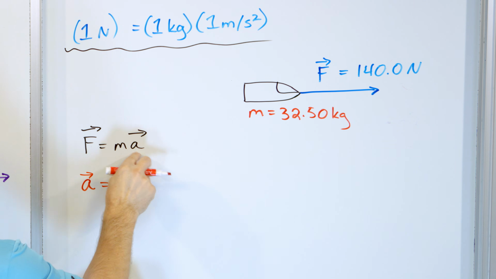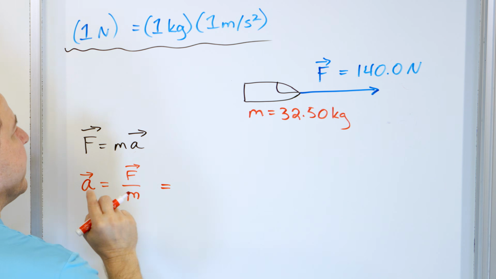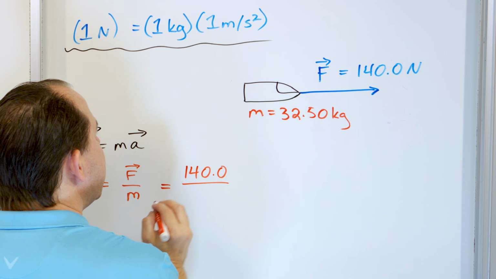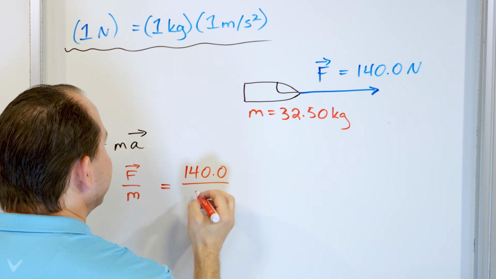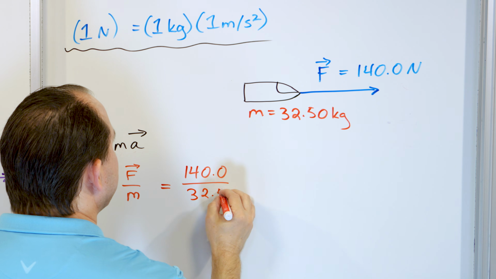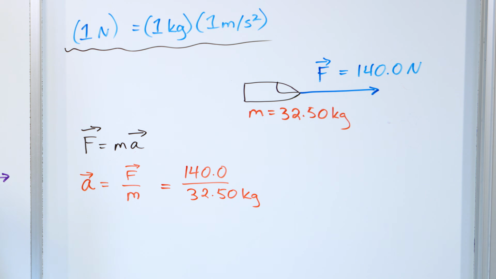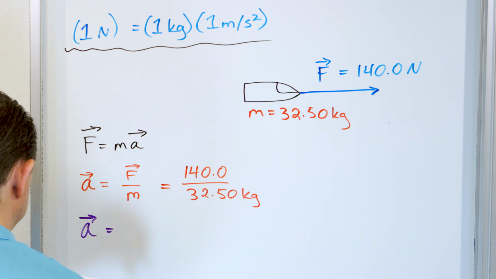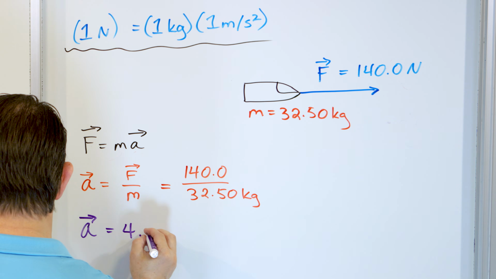Take the force, divide by the mass. That's what the acceleration is. And the force is 140 newtons. You always want your forces in newtons and your masses in kilograms, and the mass is already given in kilograms, 32.50 kilograms.